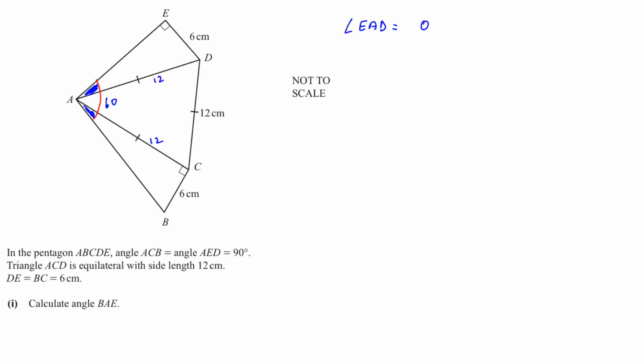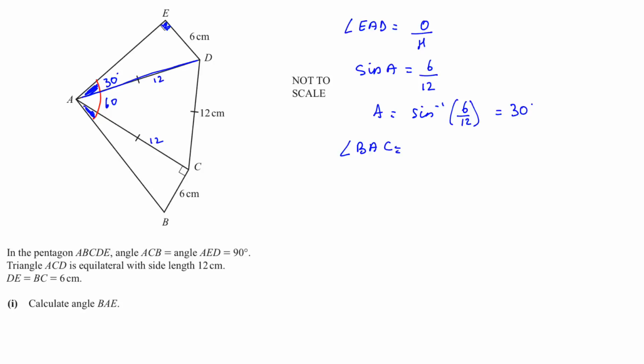So we will write opposite and this side is opposite the right angle, so that is your hypotenuse. We'll be using sine. A is equal to opposite over hypotenuse, which is 6 over 12. Therefore, A is equal to sine inverse 6 over 12. It will give you 30. Therefore, this is 30.